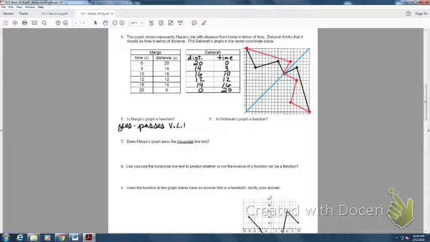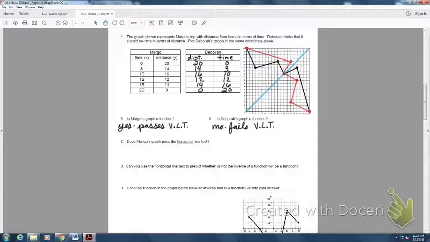I know it's close to lunchtime, not BLT. VLT. Then it says, is Deborah's a function? No, it is not. So I can draw that line right there. 1, 2, 3. Okay. So we would just put no. Fails VLT.